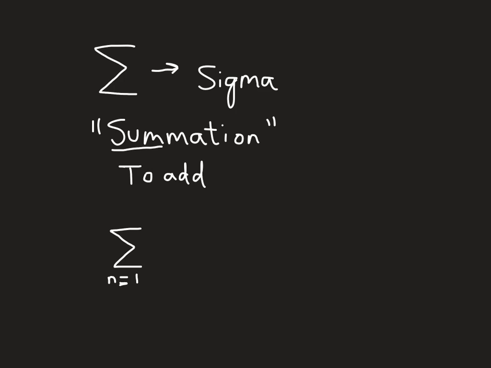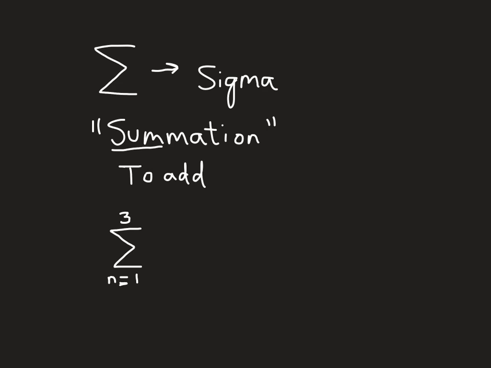And that just represents the starting value that you're going to input into an expression. And I'll show you that expression in a minute. And you'll also see something on top of the sigma, and I'm going to put a 3 up here for now. That represents the ending value that you'll plug into your expression.